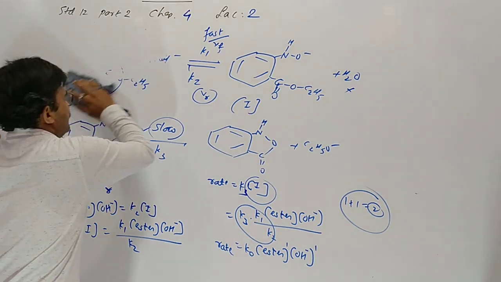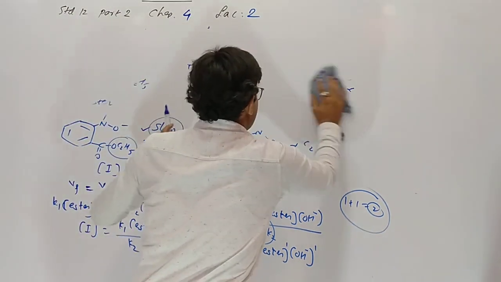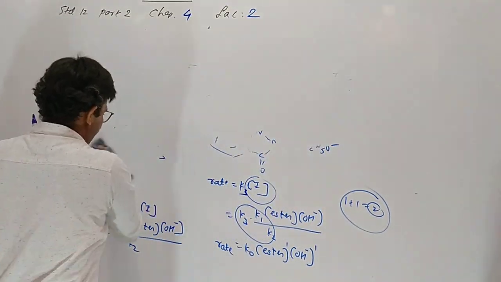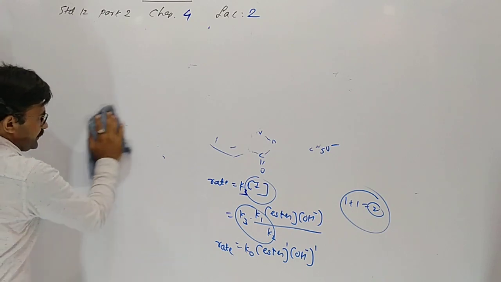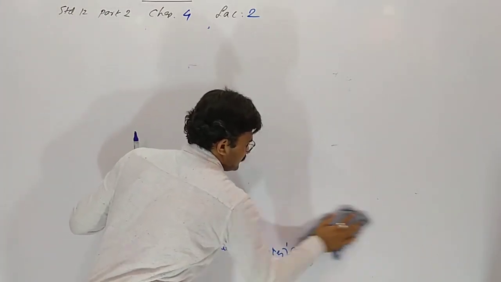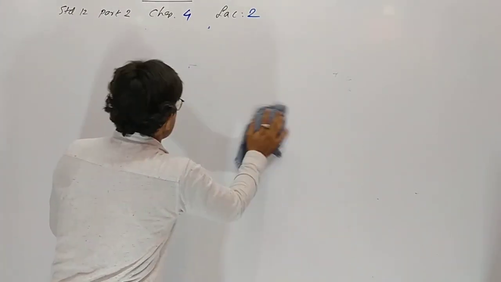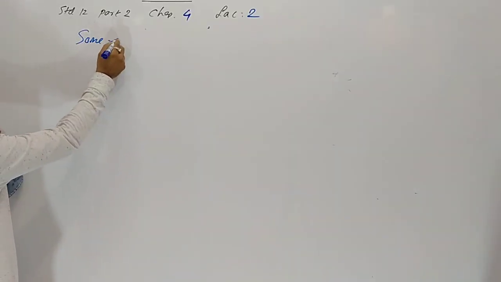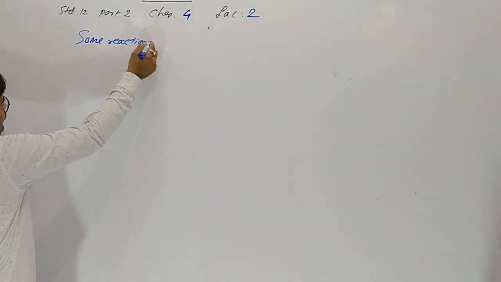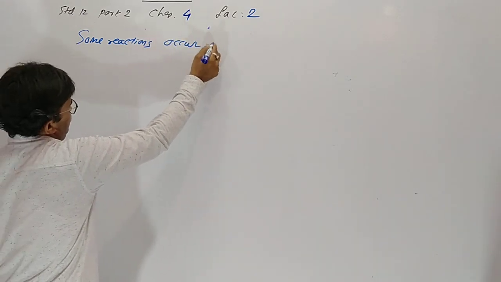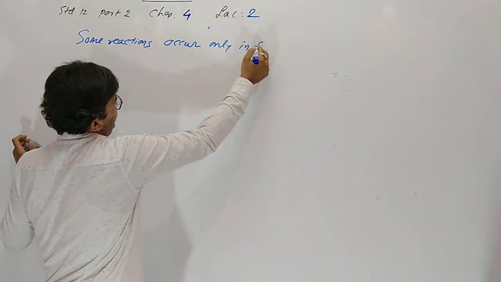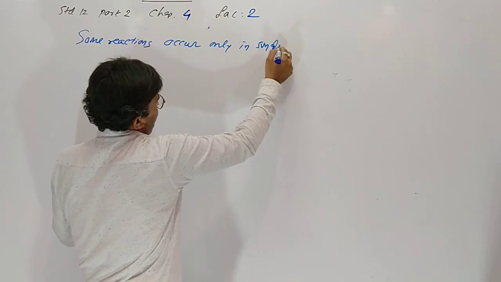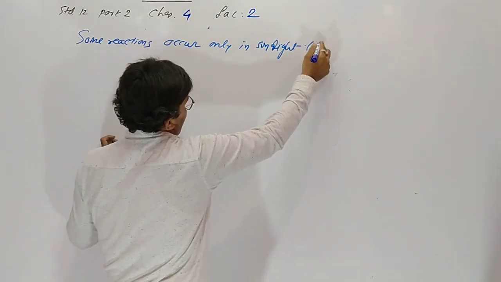Some reactions occur in the presence of sunlight, so the order of that reaction will be 0. Some reactions occur only in sunlight or light.